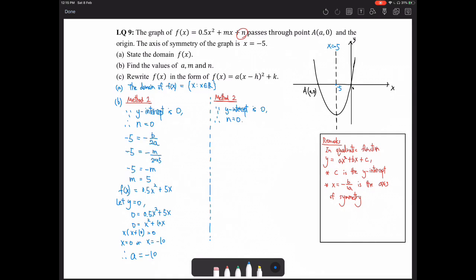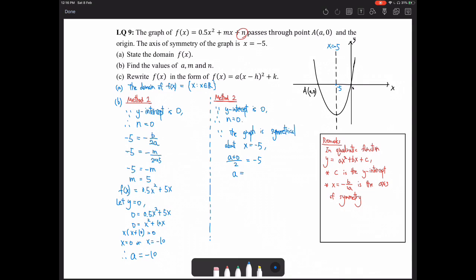We can write this: since the graph is symmetrical about x equals -5, then we have a plus 0 over 2 equals -5.